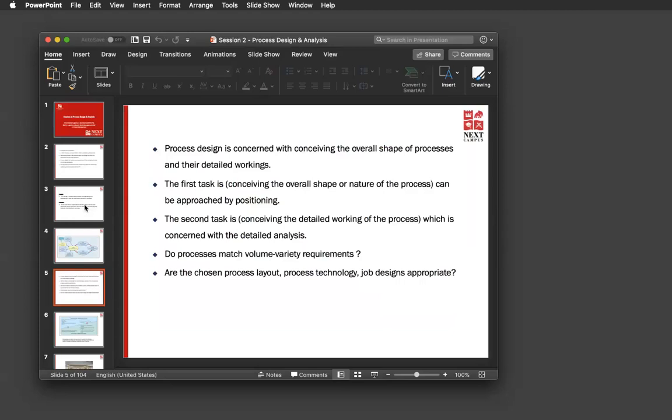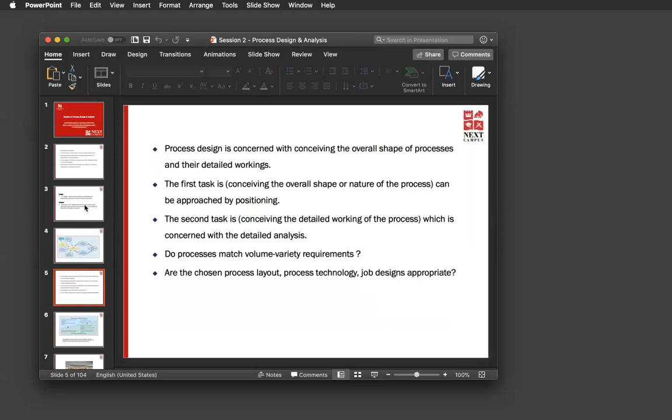Now likewise, once you set the process, there will be people to activate the process, to work in the process. Which means you have to now look at job designs. Does the process require high caliber talented people, highly skilled in particular ways of doing things, or does the process have the capability of running on its own?